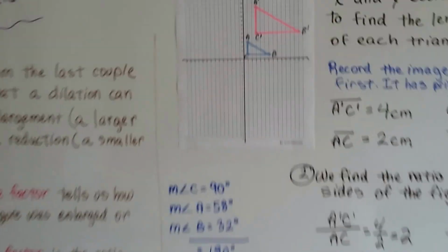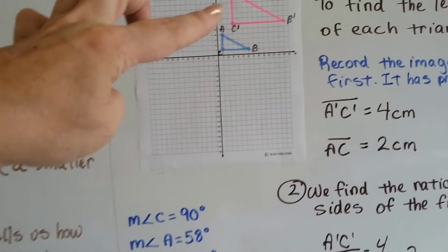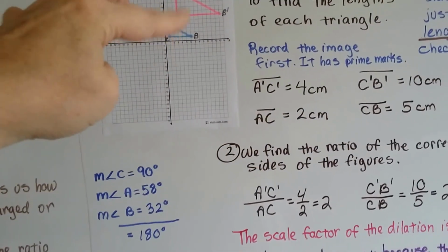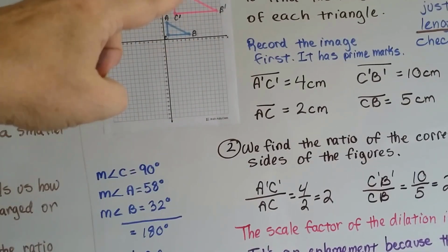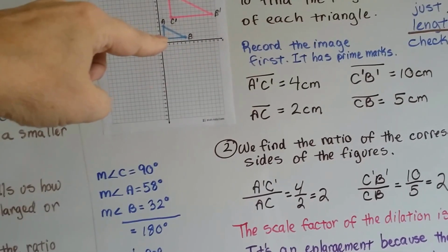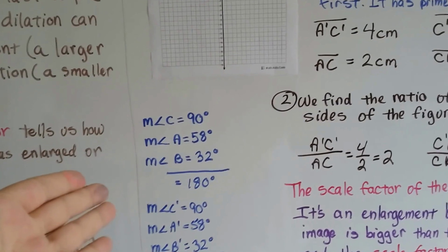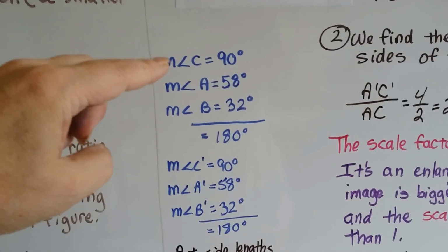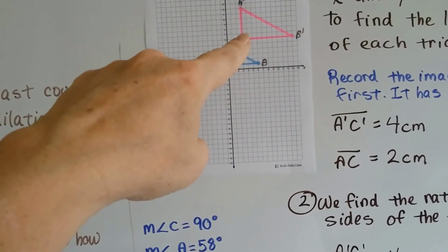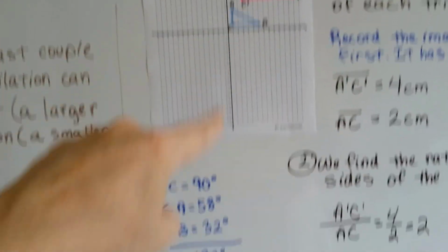Now, what's cool about triangles is when we measure the sides, they were different, right? They had different side lengths. One was double the other one. The image, the copy, is double the size of the original, but the angles are the same. The measure of angle C right here in the corner is 90 degrees. It's perpendicular, just like C prime.